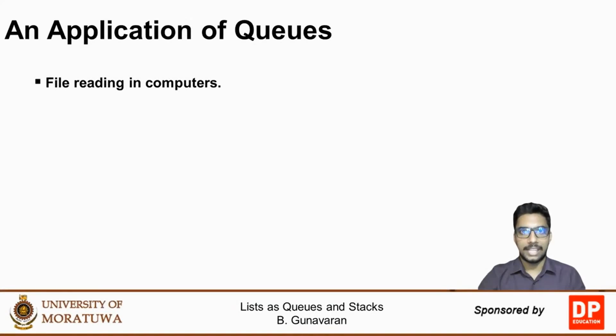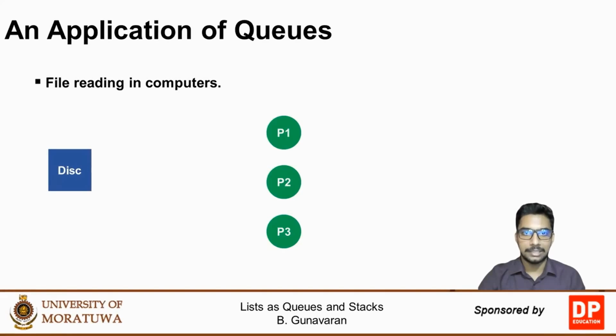Let us look at an application of queues, which is file reading in computers. Consider a scenario where we have several files stored in a disk. There are 3 programs running in parallel, and they need to access multiple files. However, our hard disk can read only one file at a time. Hence, it keeps a queue where all the incoming requests are stored.